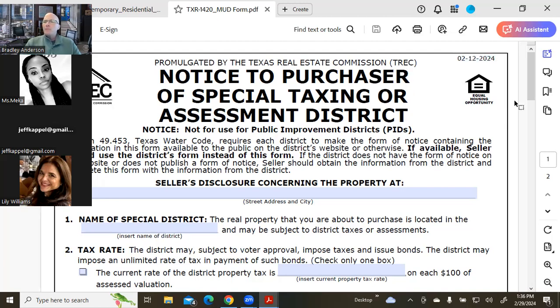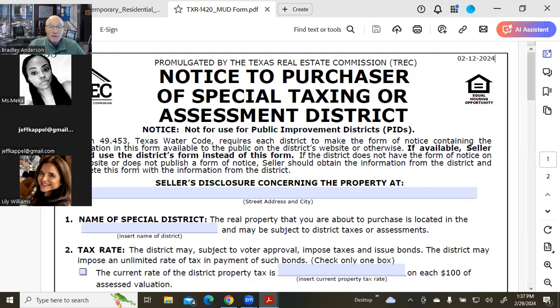So there's a lot of language in the 1 to 4 about, hey, buyer beware, you may be in a MUD district, and they just kind of leave it very vague as to how you figure that out. But let me just say that it is the seller's agent's responsibility to provide this information, okay? And because it was so kind of indecisive, TREC actually came out with a 2-page form for your seller to provide.